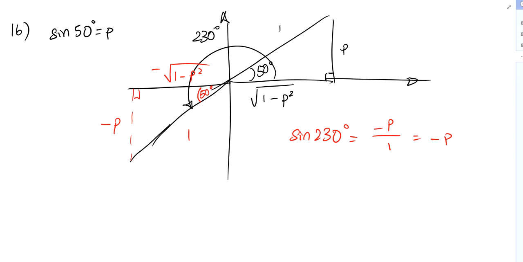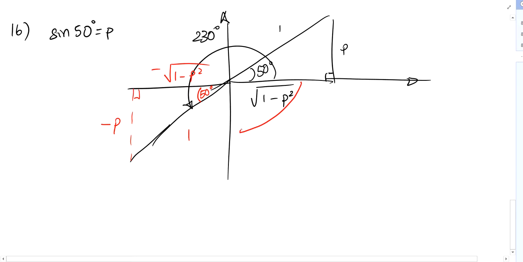So I'll skip part B. And finally, part C. Tangent negative 130. Where is negative 130? Because it is negative, we are going to go clockwise this time. From here to here, it is 90 degrees, negative 90.